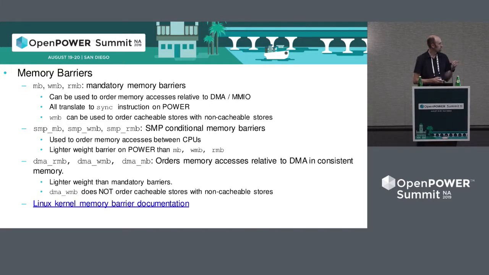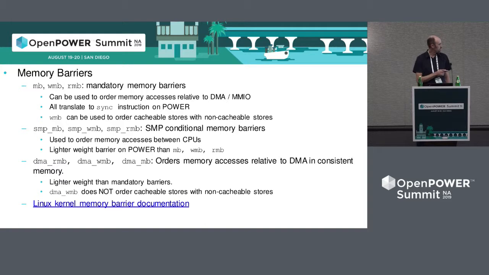There's a lighter weight version of it, which is SMP conditional, and those are typically only used for CPU to CPU synchronization. Those translate to a lightweight sync today on Power. But those can't be used to ensure consistency between cacheable and non-cacheable memory.